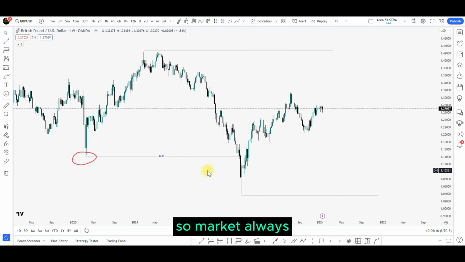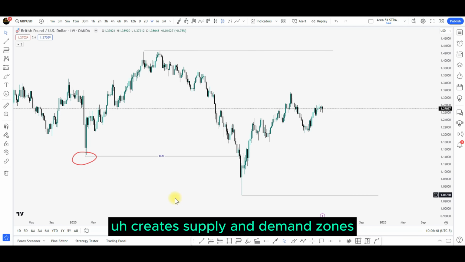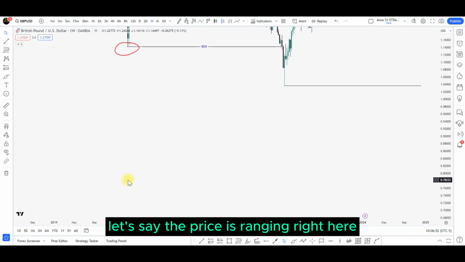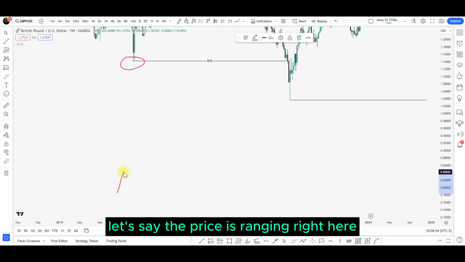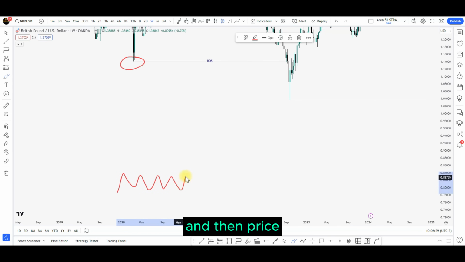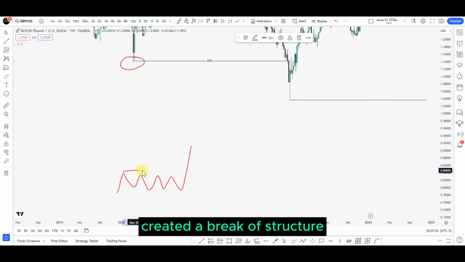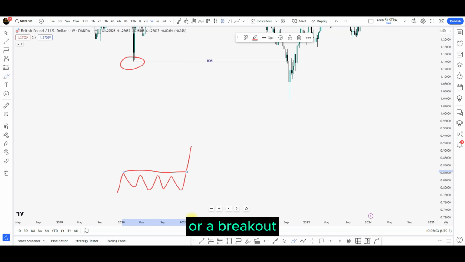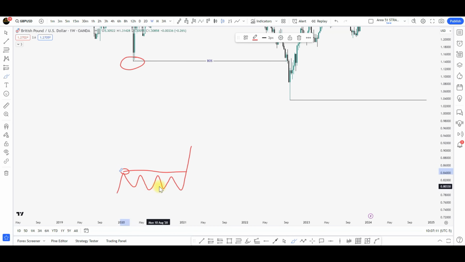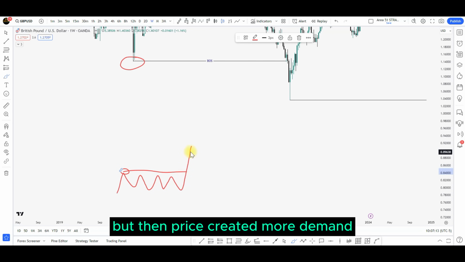So the market always creates supply and demand zones. And here is how it looks. Let's say price is ranging right here. This is very important, okay? And then price created a break of structure or a breakout. Now we can see that there was a supply in control, but then price created more demand.